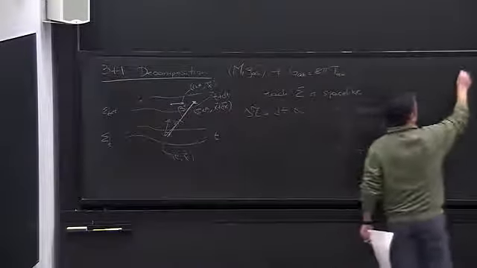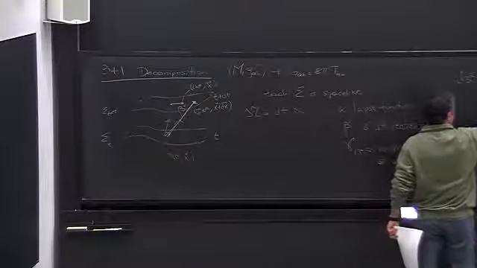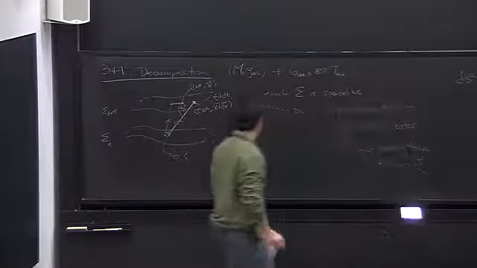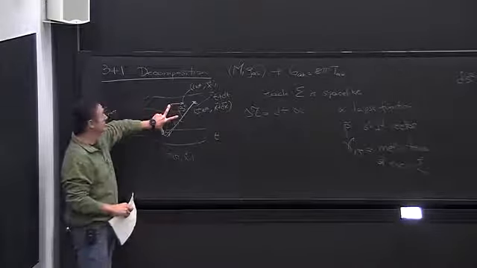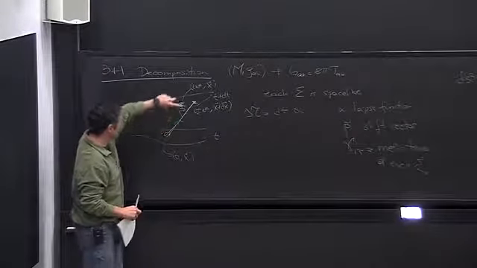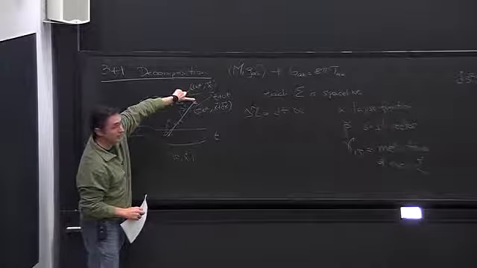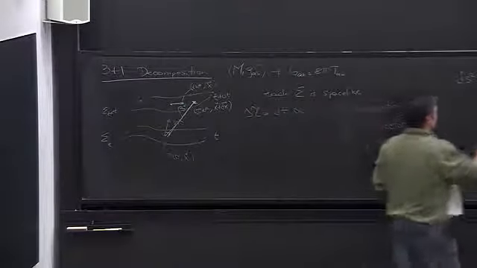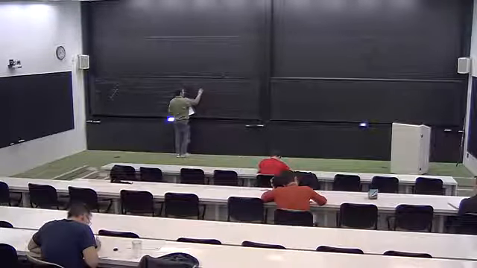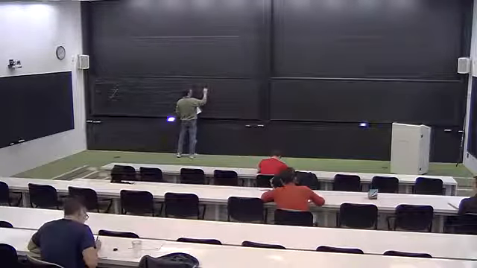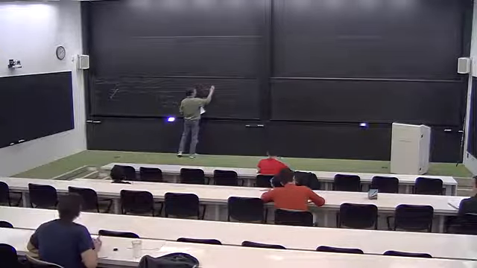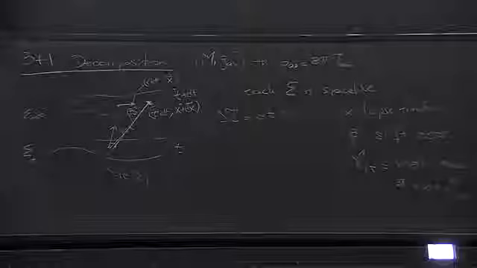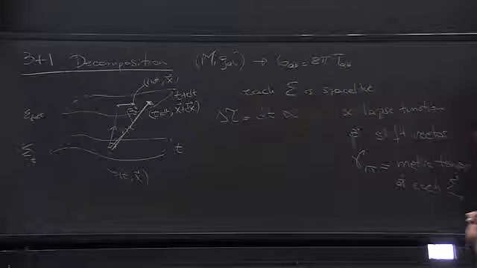So ds squared will be given by minus alpha squared dt squared. That measures that time interval, and we need to include it. And then the distance on that leaf will be given by the following.